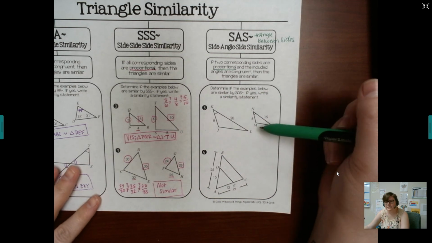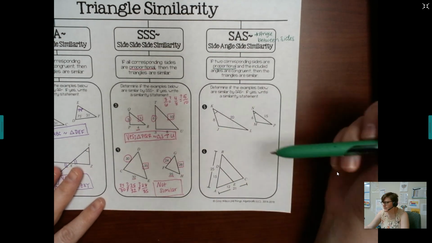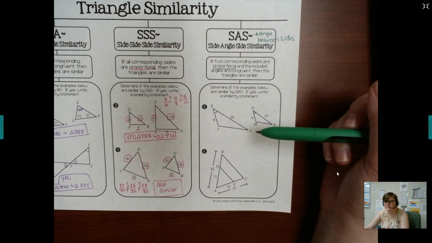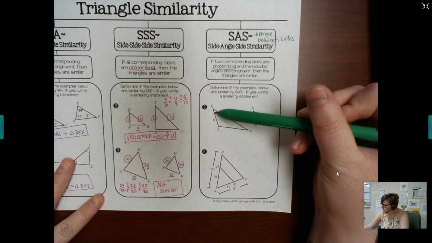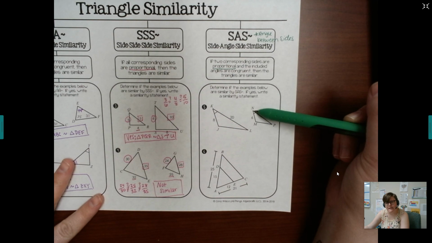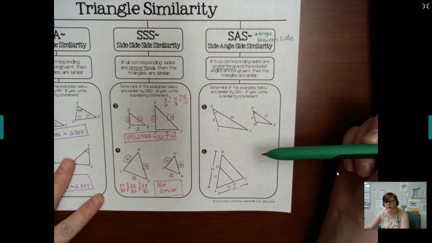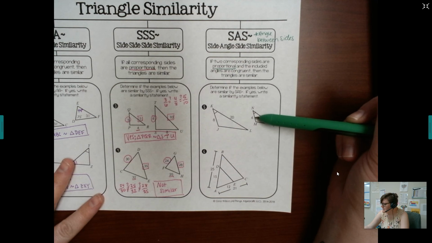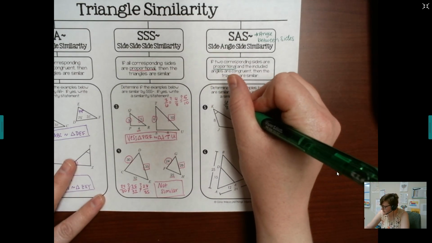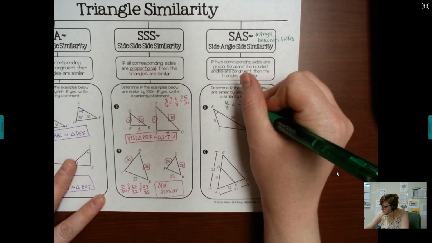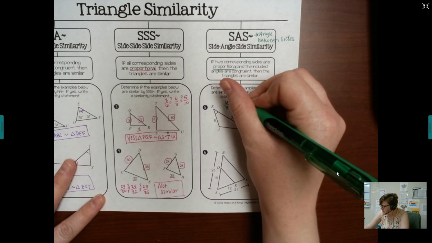So same basic idea we were doing over here, but we're comparing just two pairs of sides instead of all three. So we're given our middle angle. Angle K is congruent to angle N. And to set up our proportion, we want to see if 6 over 8 is equal to 15 over 20.